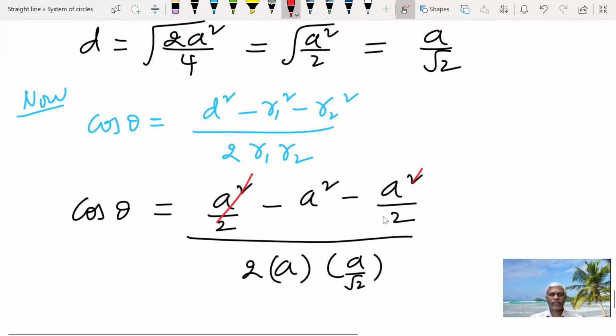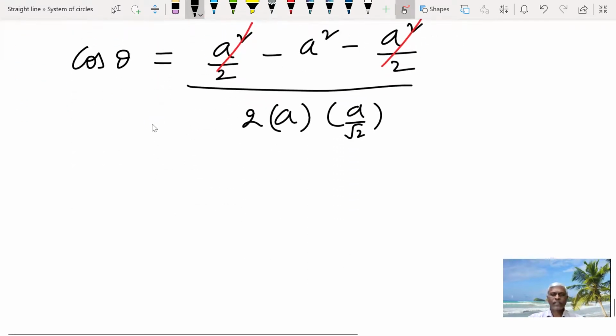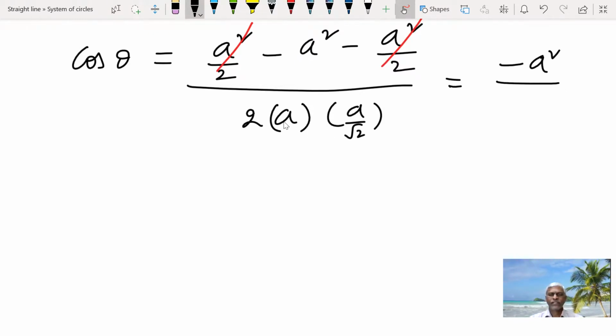Numerator a square by 2 will get cancelled. So here minus a square by, so this is 2 can be written as root 2 a into a square.